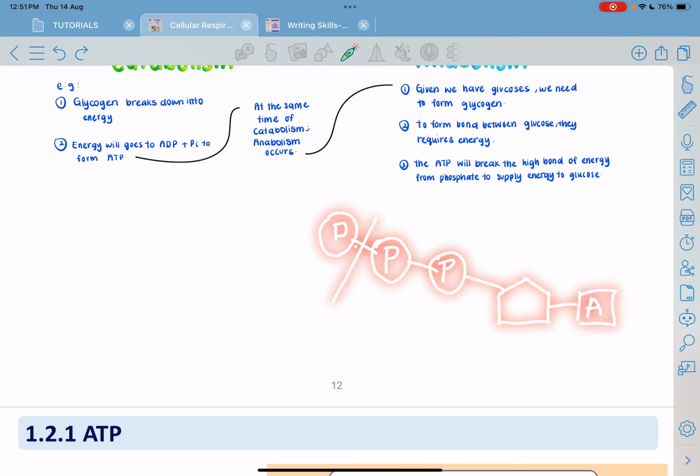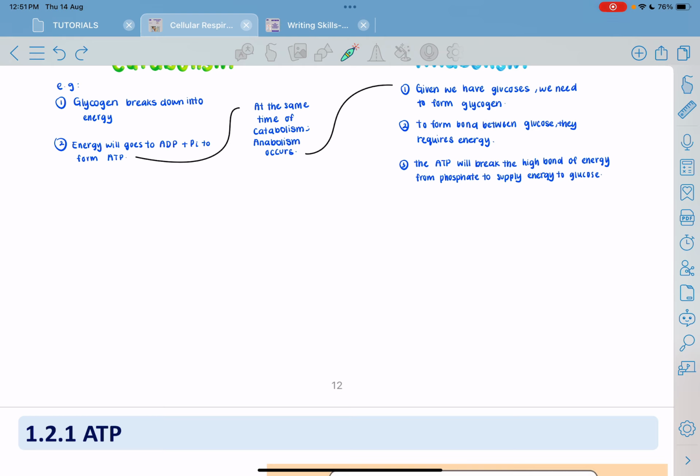They break down, so this will form ATP turning into ADP plus Pi, to supply the energy to the glucose. So meaning to say that all the energy will be going here. So that's why it has a bond. Okay.